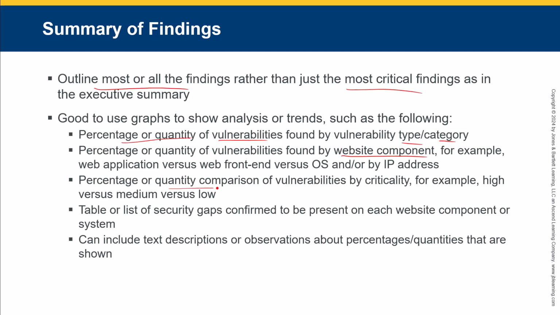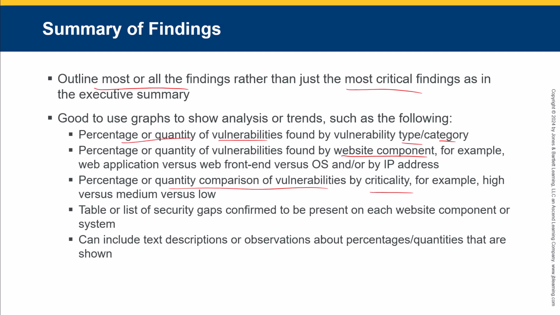You also need a percentage or quantity comparison of vulnerabilities by severity. How many are critical? How many are high? How many are low? How many are medium? We need to know specifically what we are looking at. If we said we had 1,000 vulnerabilities and only 2 are critical and 980 of them are very low, that doesn't do a lot of good for us.